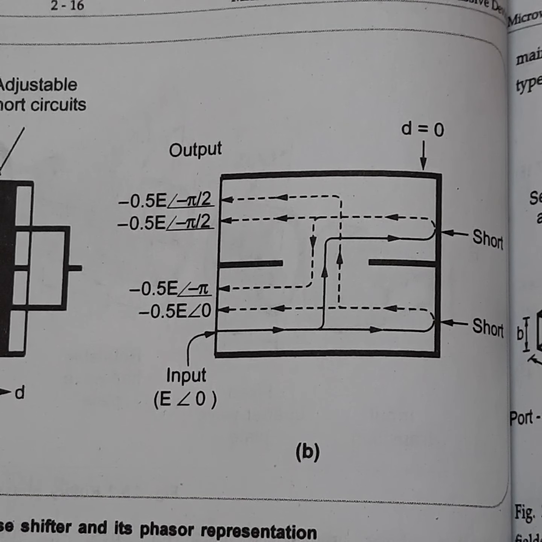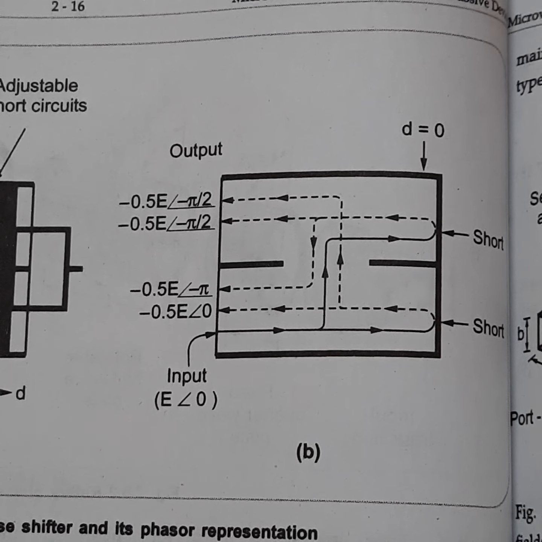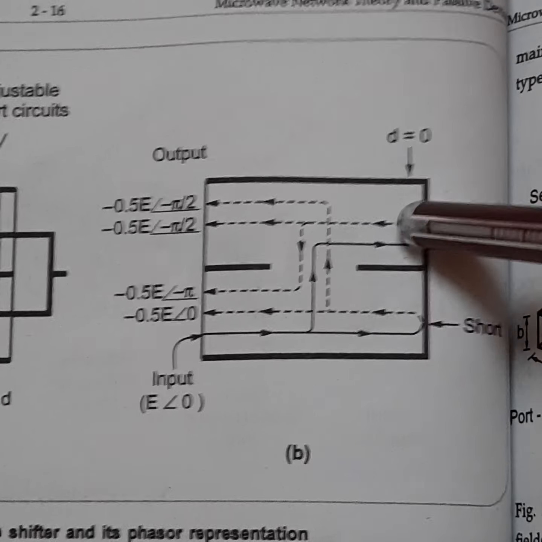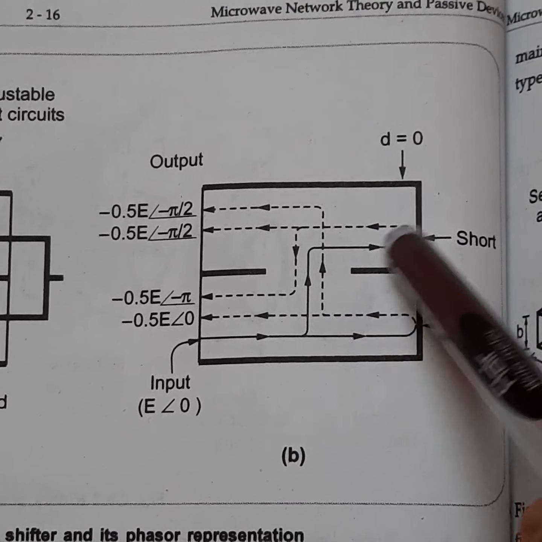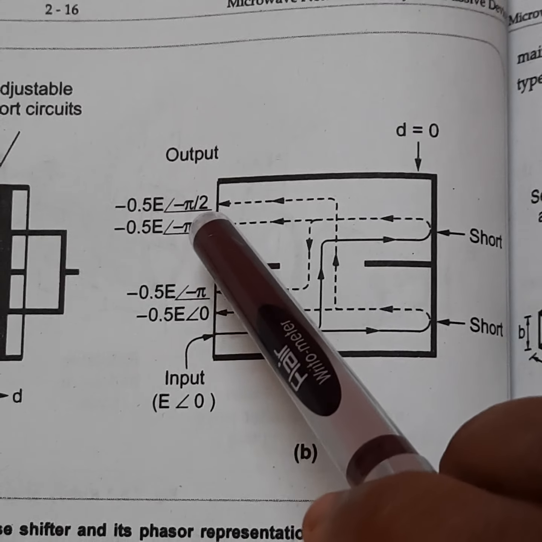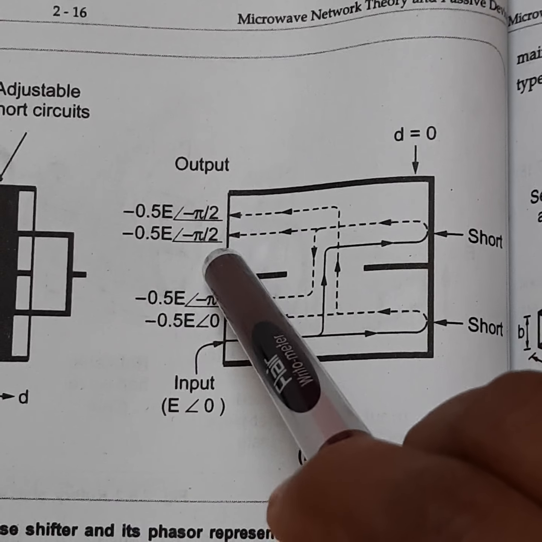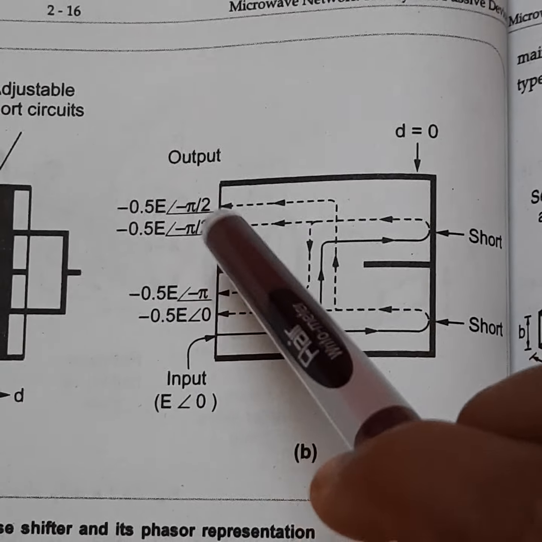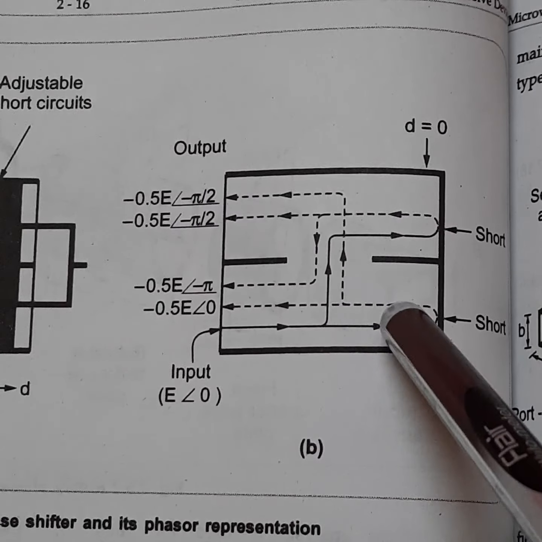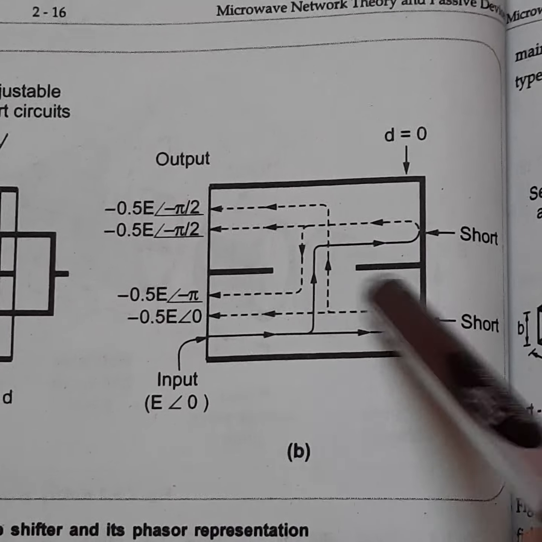Whatever wave arrives at port 3 has its phase delayed by 90 degrees relative to the wave at port 4.